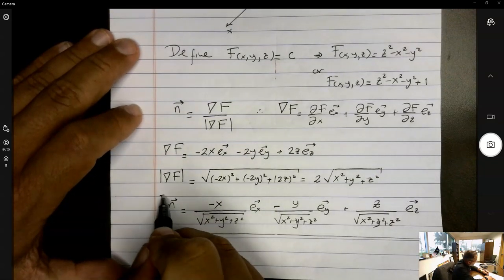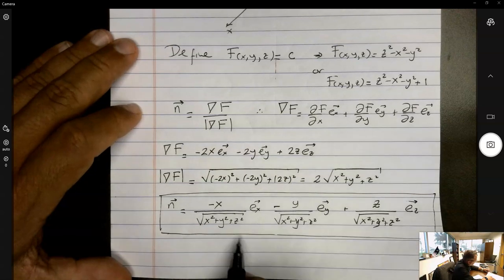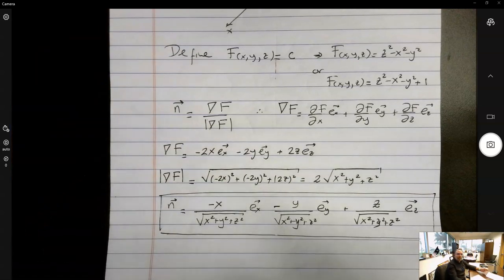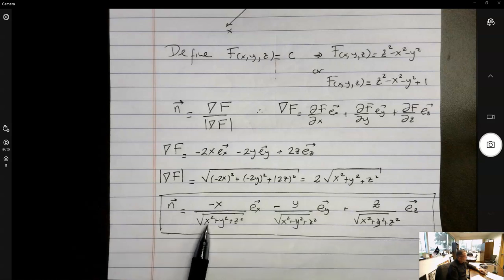So I could take that denominator and just place it outside as a common factor, do a parenthesis, and the vector will just basically be minus x in the x direction, minus y in the y direction, and z in the z direction. And notice that's a vector field, right? And then all that multiplying a common factor of 1 over the square root of x squared plus y squared plus z squared.